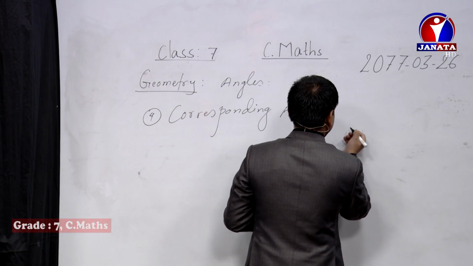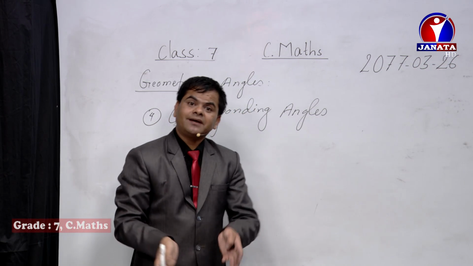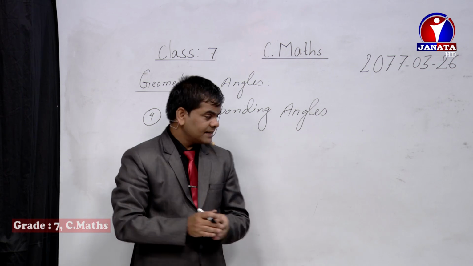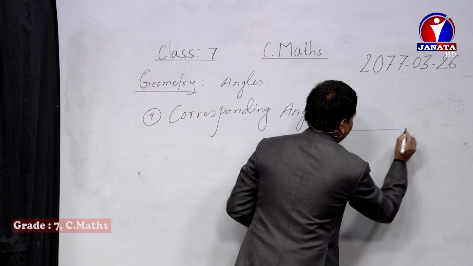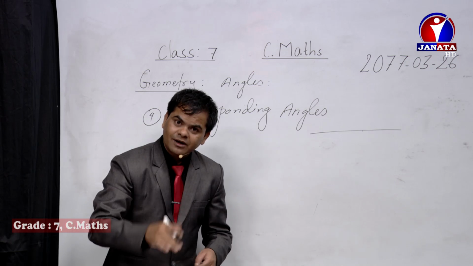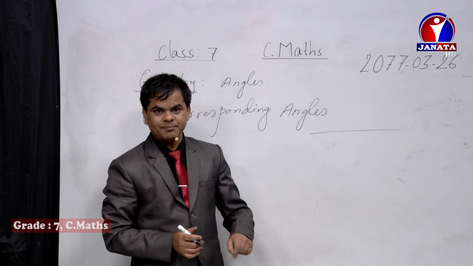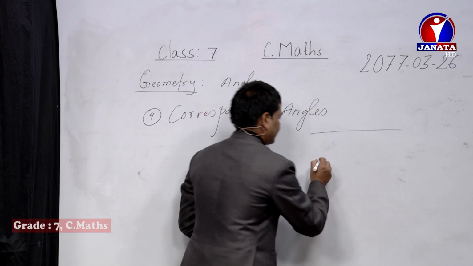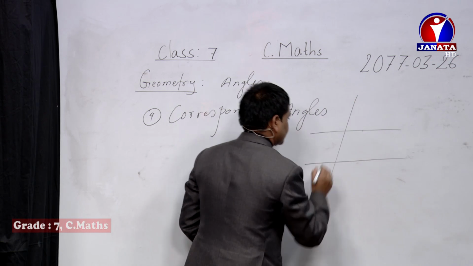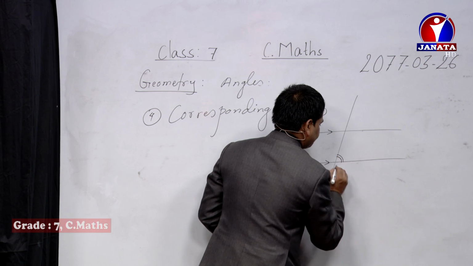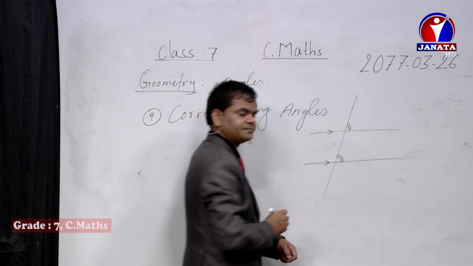Looking at the figure, dear student, both should be on the same-hand side, and one should be inside the parallel lines and another should be outside the parallel lines. So if these two lines are parallel to each other, this one is corresponding.